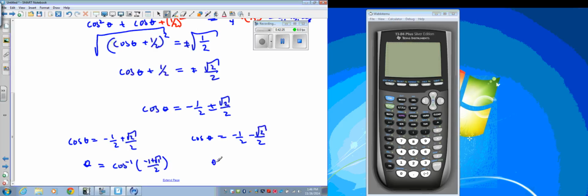And then theta equals cosine inverse of minus 1 minus the square root of 2, all over 2. So that's a calculator problem.